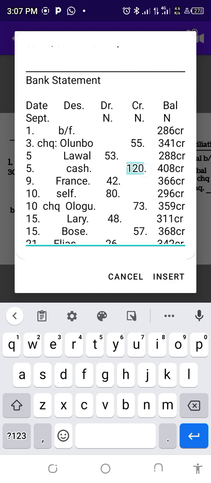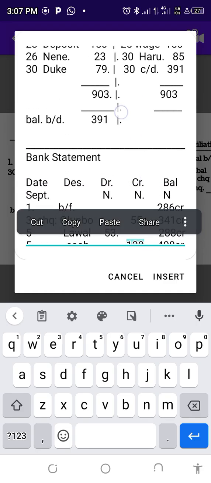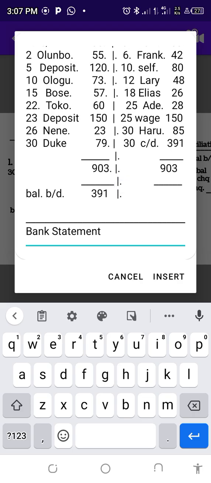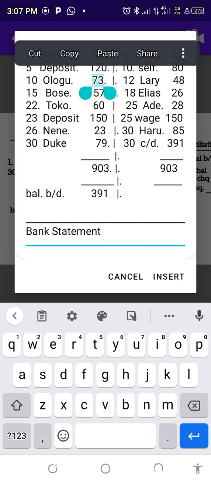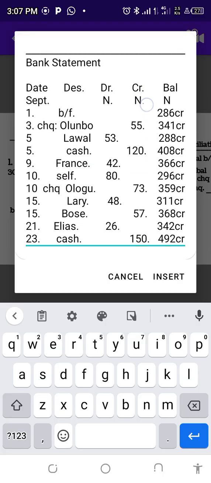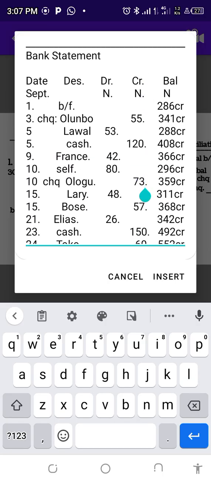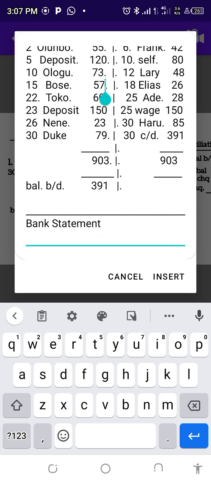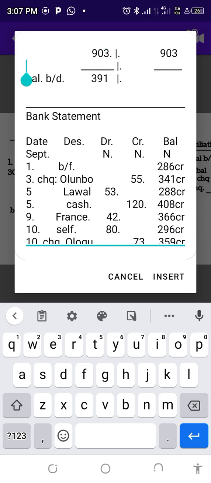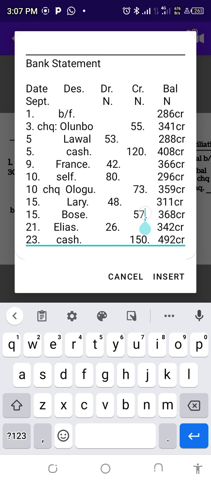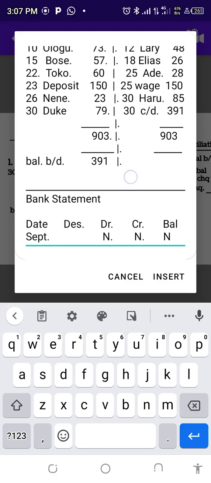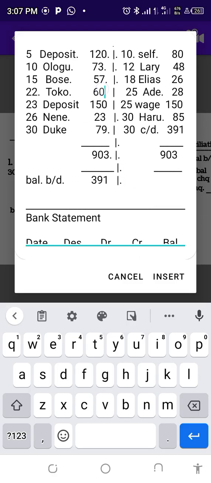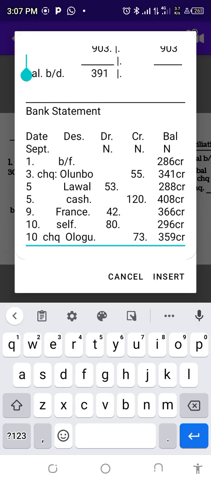Then which other one is there? 73 is there also. Then 57 is there also. Now another one, 60 is there. That is Toko, and 60 here.